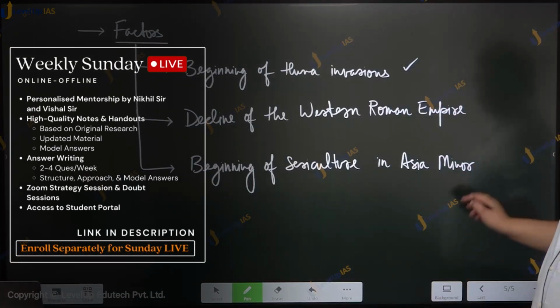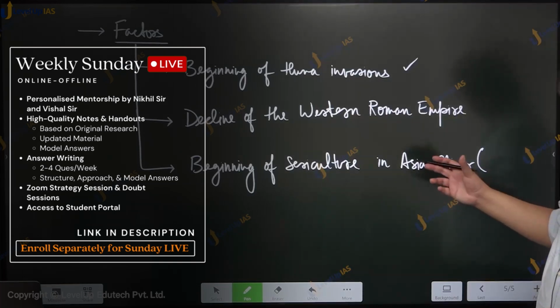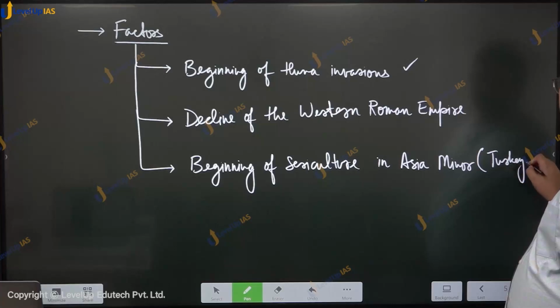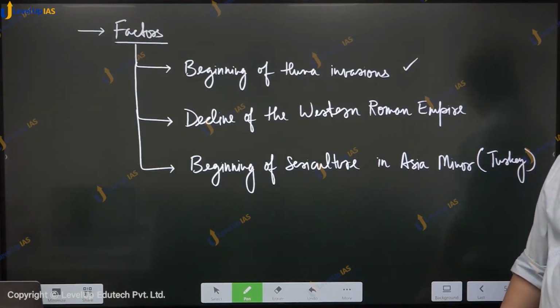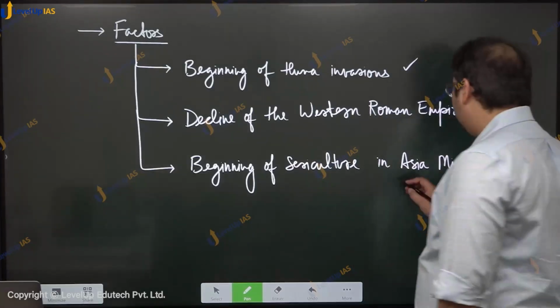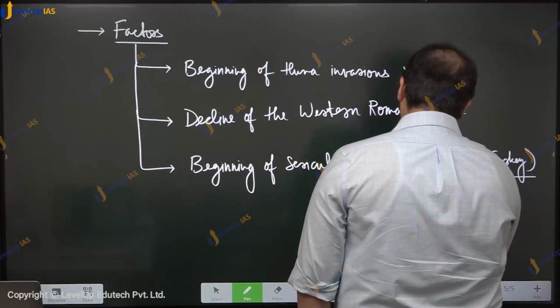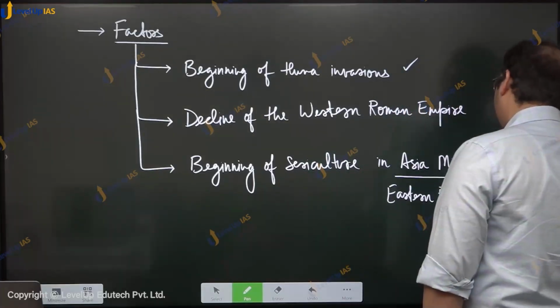Okay, which region is called Asia Minor? Present day Anatolia, Turkey. Okay. Which was the power that was ruling over Turkey at this point of time? It was the Eastern Roman Empire.